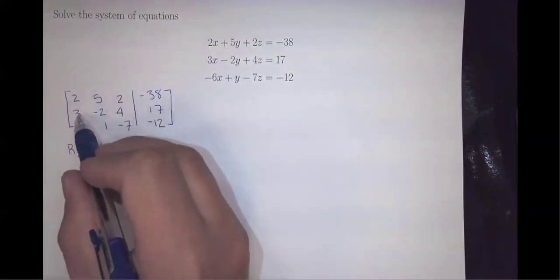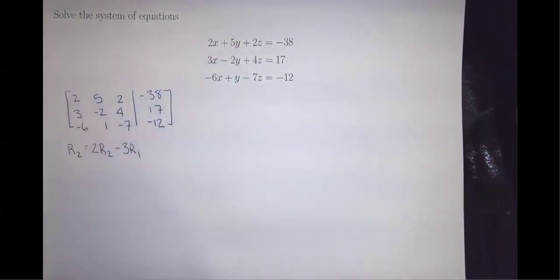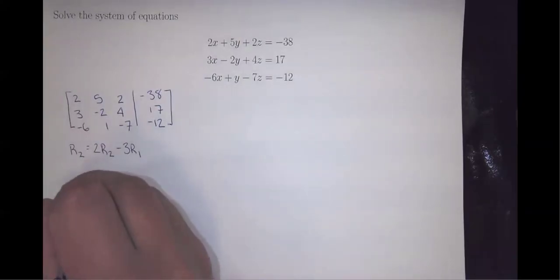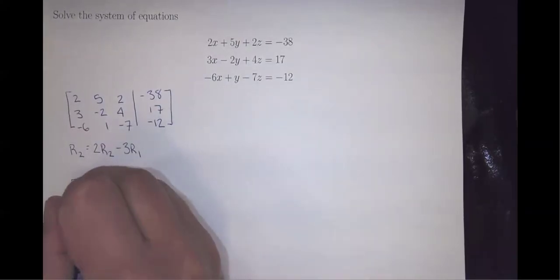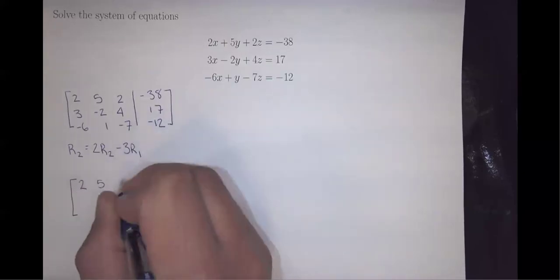So we're going to end up with 2 times 3 is 6, minus 3 times 2 is 0. My first row stays the same.